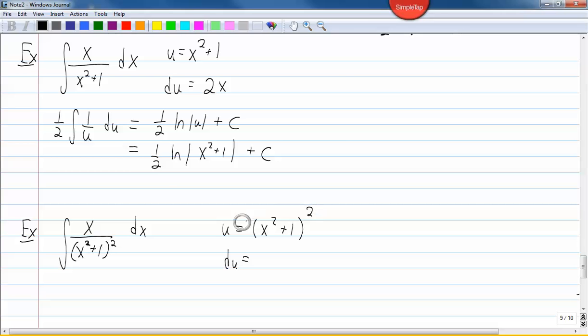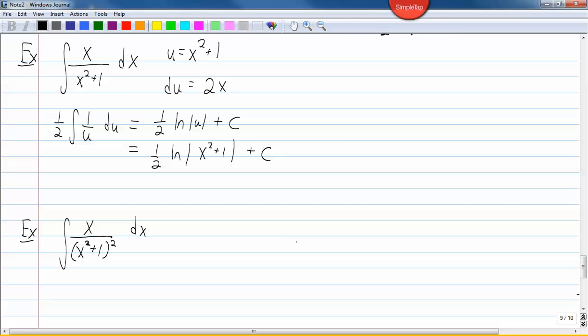Well, the du here is 2 times x squared plus 1 times 2x. And that would be 4x times x squared plus 1. Is that in the numerator? No. So this is not a natural log integral. Like I said, this is one that if I would have never shown you anything about natural logs and you understood U-substitution integrals completely, you could work out.